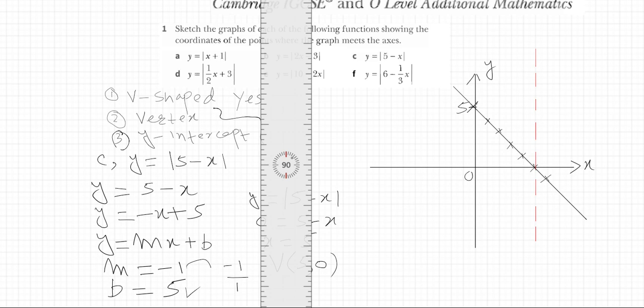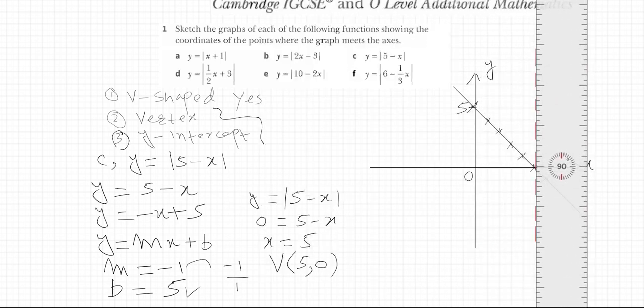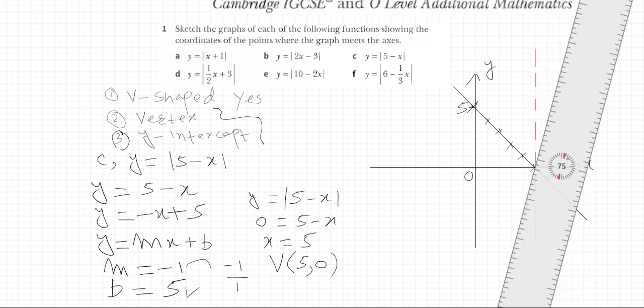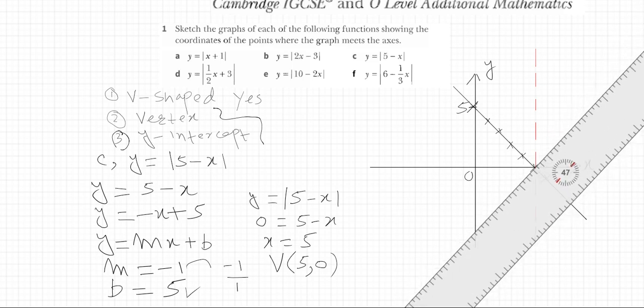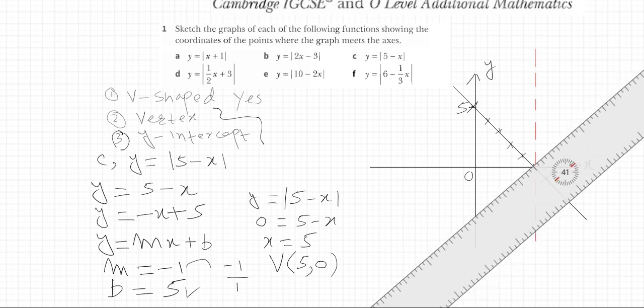Now take any point from the left hand side, like this point. This is 1, 2, 3, 4, 4 squares from the mirror line. So this point must be 4 squares on the right side from the mirror line. 1, 2, 3, 4.